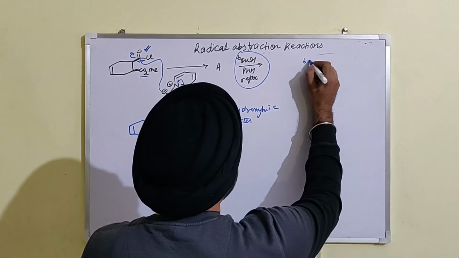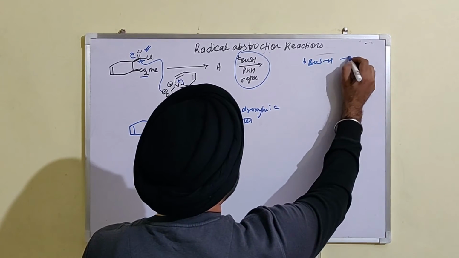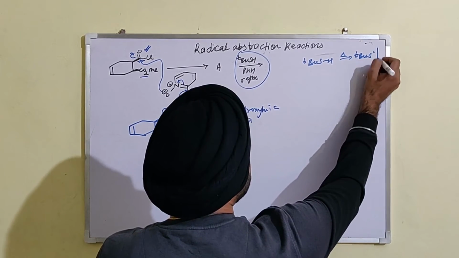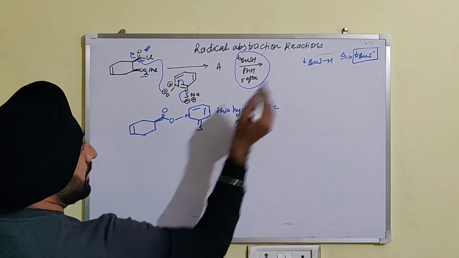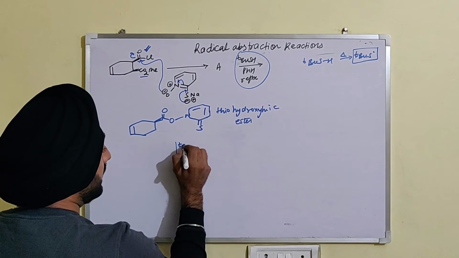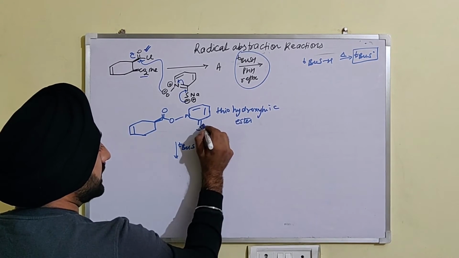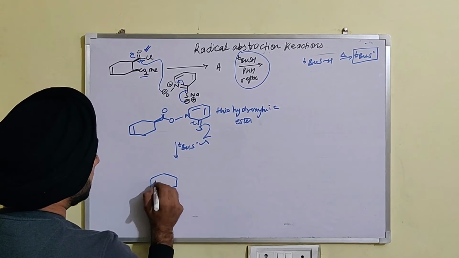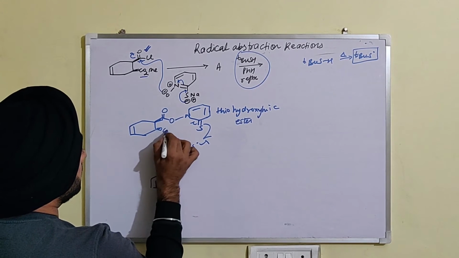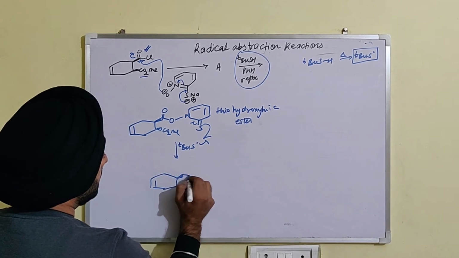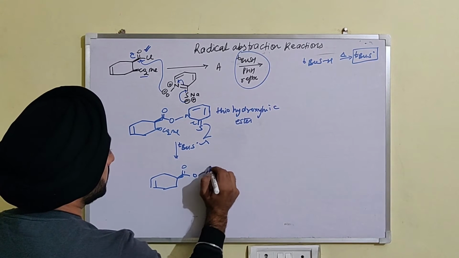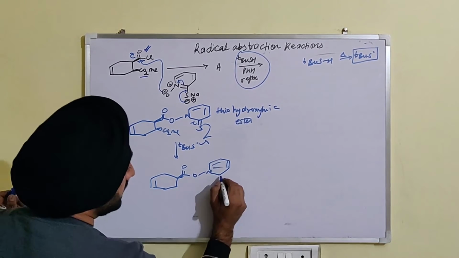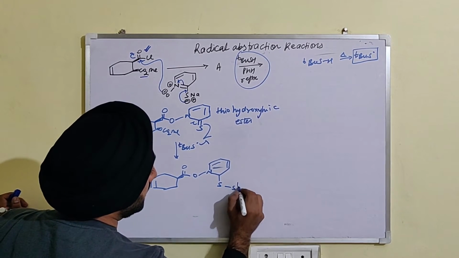So once you heat this under reflux, it leads to the formation of this radical. Now this radical undergoes reaction with this sulfur. So what you get is CO2Me here, nitrogen, and S tertiary butyl.